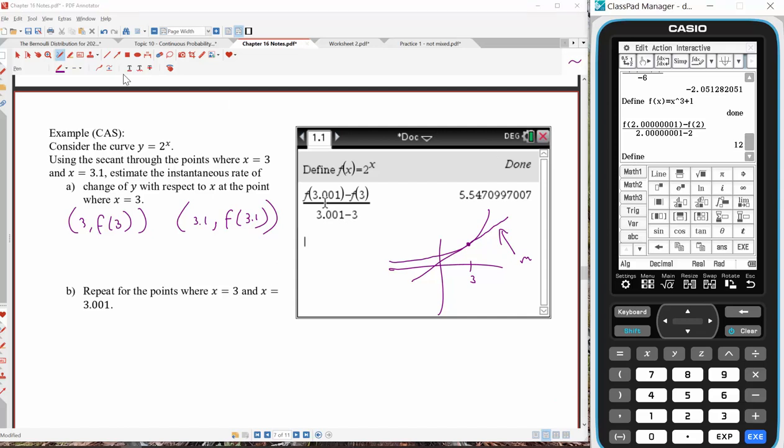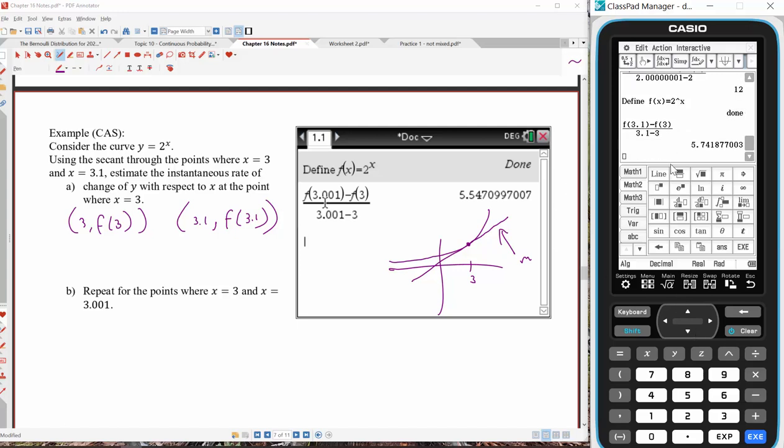First of all, we're going to define the function. So define f of x equals 2 to the x. And we're going to go shift and divide, f of 3.1, take away f of 3, all over 3.1 take away 3.